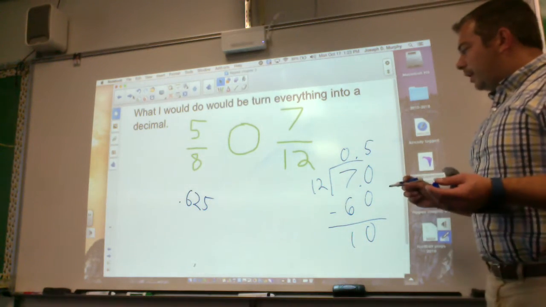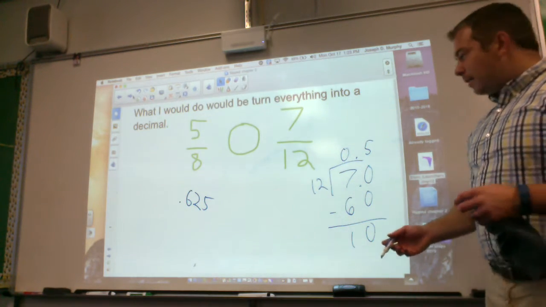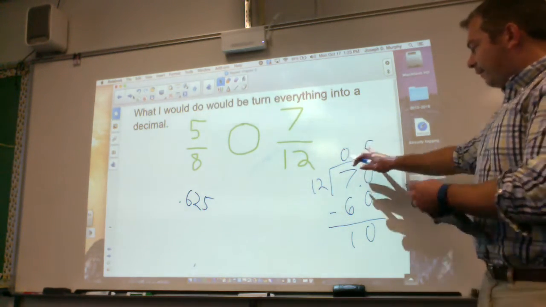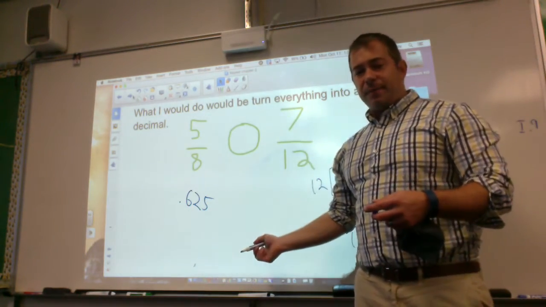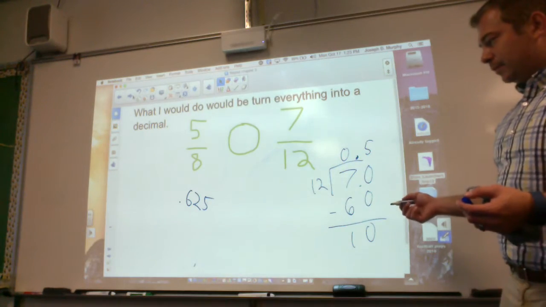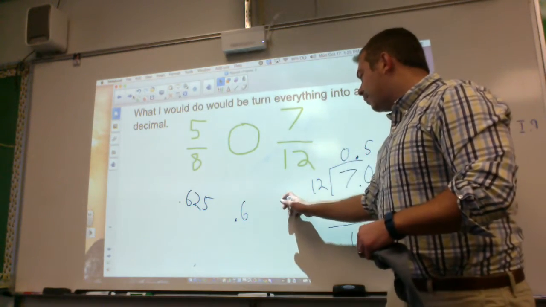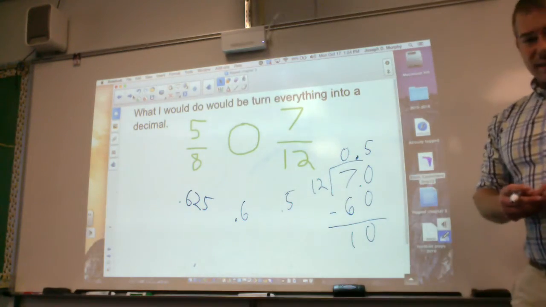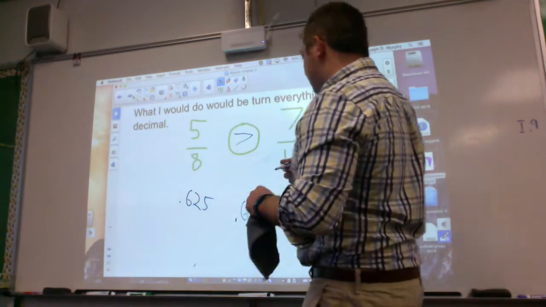But you know what? I am not going to continue, because I could already see this is 0.5 something, and this is 0.625. What's bigger? Well, you compare the tenths, 0.6 and 0.5, 0.6 is bigger. Alright, so 5/8 is greater than 7/12.